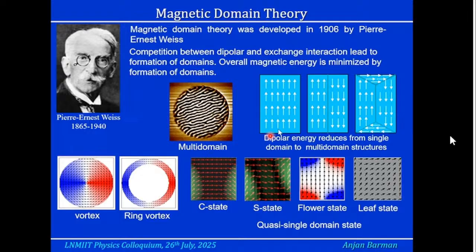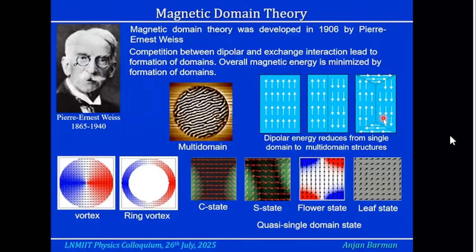Here it will be from here to here. The stray field will go from here to here and from here to here. So still some loss, less loss, but some loss. Here there will be almost no loss because it actually creates a flux closure within the system.